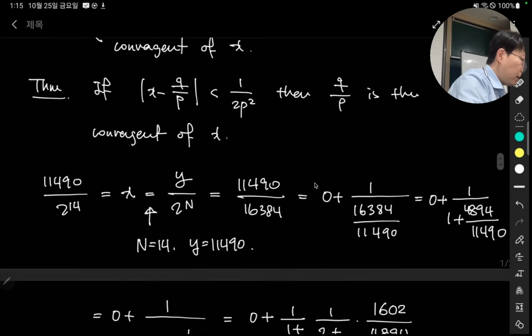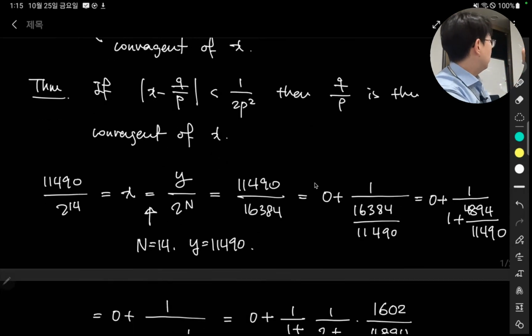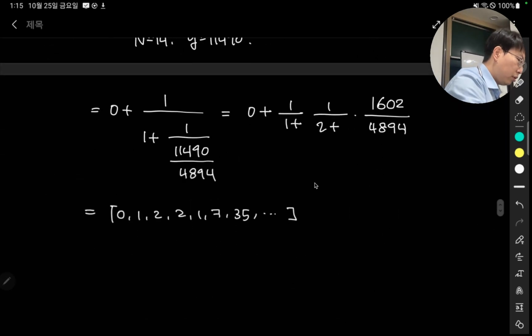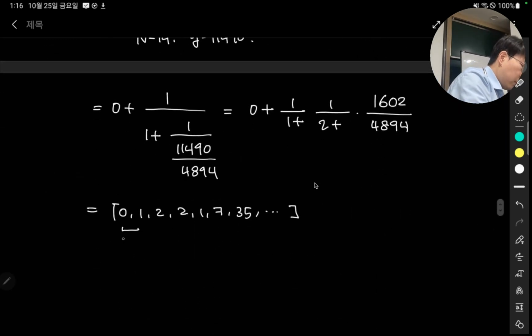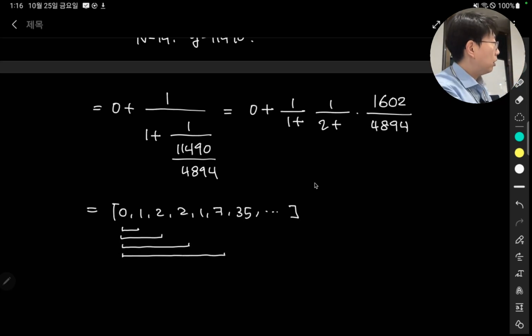We want to find another rational number that has an error less than 1 over 2 to the power of 2n. The theorem says we can only find that rational number among the convergents of x. So we should search by increasing the length of the sequence in the continued fraction, and check which ones satisfy our condition.